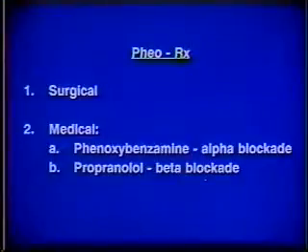Whenever you use these drugs together for pheochromocytoma patients, it is essential that you alpha block them before you beta block. So think of it in terms of A and B. A comes before B, where phenoxybenzamine is always given before we give propranolol to avoid any abnormal blood pressure swing.